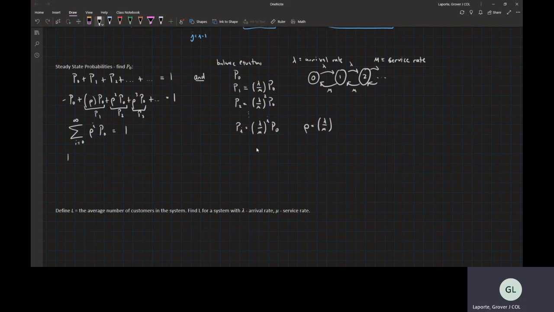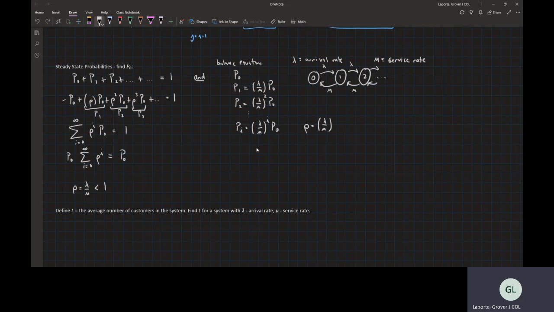So P0 times the sum from i equals 0 to infinity of rho to the i. And again, we have to assume that your arrival rate is less than your service rate, so that rho equals lambda over mu is less than 1. I want that to be less than 1, and if that's true, then we know the answer to this.